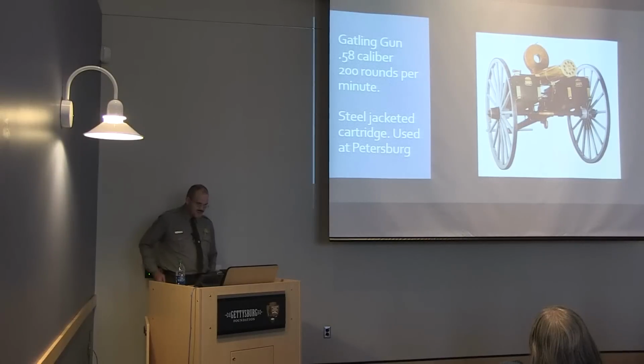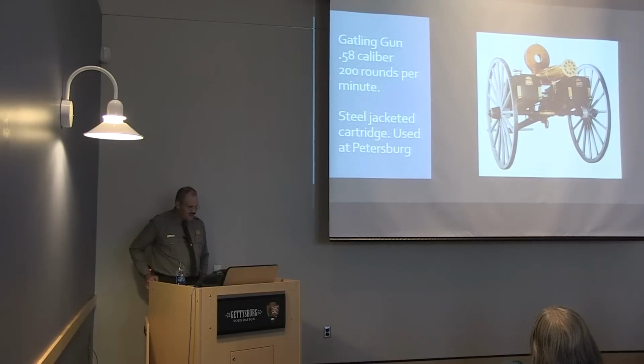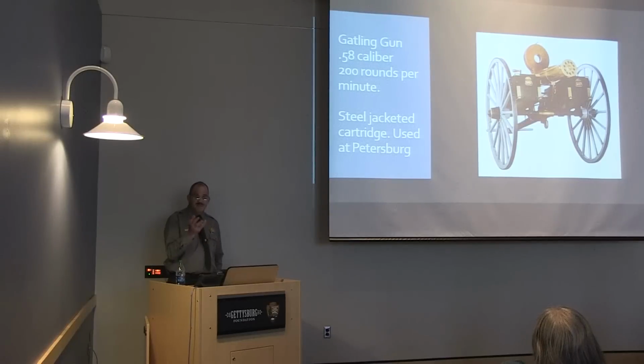The Russians purchased them, the English purchased them and used them in late 19th century wars. It was a .58 caliber. You could fire up to 200 rounds per minute. It was steel jacketed. One of the problems with the Spencer cartridge is it was copper with the Spencer repeating rifle, and it would heat up and melt and jam. Some of you know that. But this Gatling gun was foolproof with a steel jacket.